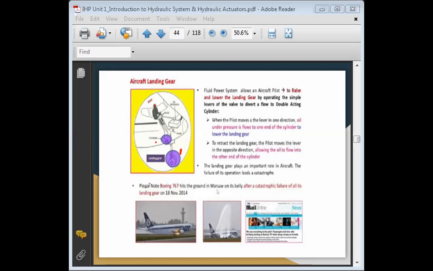You can take the example of airworthiness standards also. Here I have shown that failure. What failure happened? It is a picture and also a news item. Getting it?